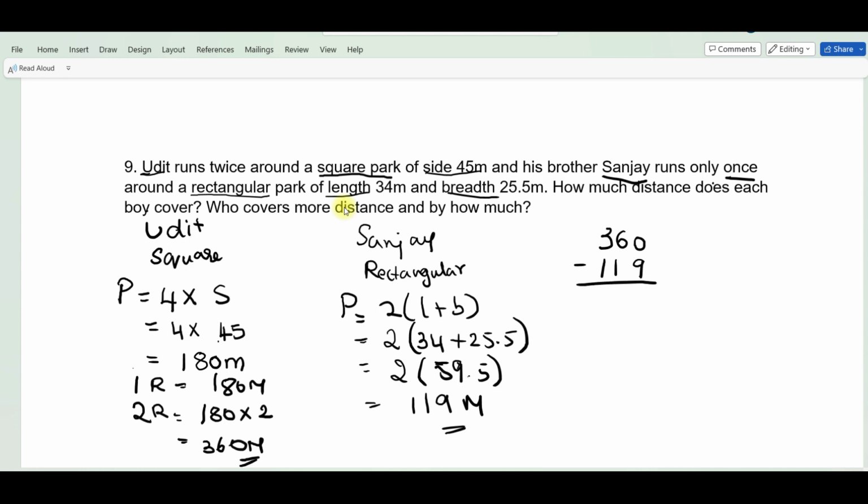So the difference of the total distance, that we would be getting as 241. So Udit is covering 241 meters more. So this is the answer for the 9th question. Okay, hope you understood this.